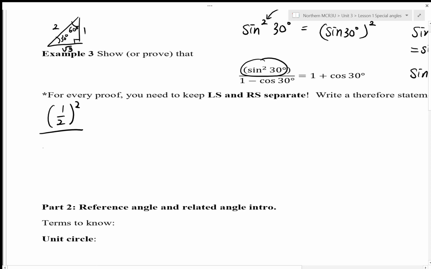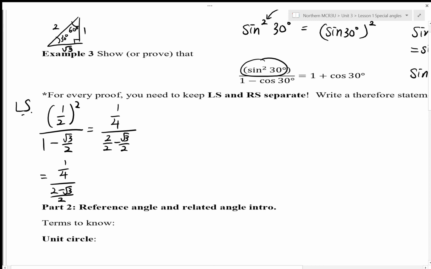Now cosine 30 degrees is square root of 3 over 2. Now let's see what this becomes. So this actually becomes 1 over 4. By the way, this is the left side. Over 2 minus the square root of 3 over 2, which gives me 1 over 4 over 2 minus the square root of 3 over 2.